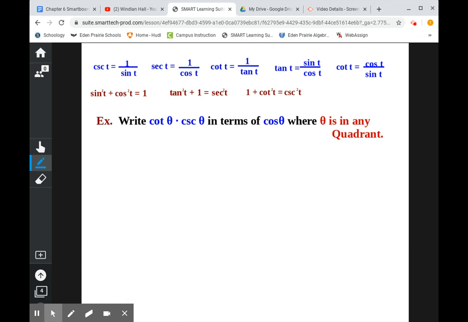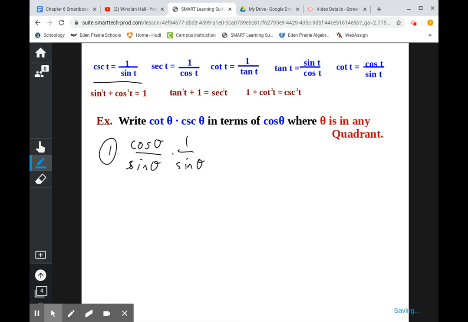Step 1: change the cotangent to the cosine of theta over the sine of theta. Remember, I only want it in terms of the cosine, so I know that right now the sine is not okay. The cosecant, I'll change according to one of my identities to 1 over the sine of theta. You can see that right here.